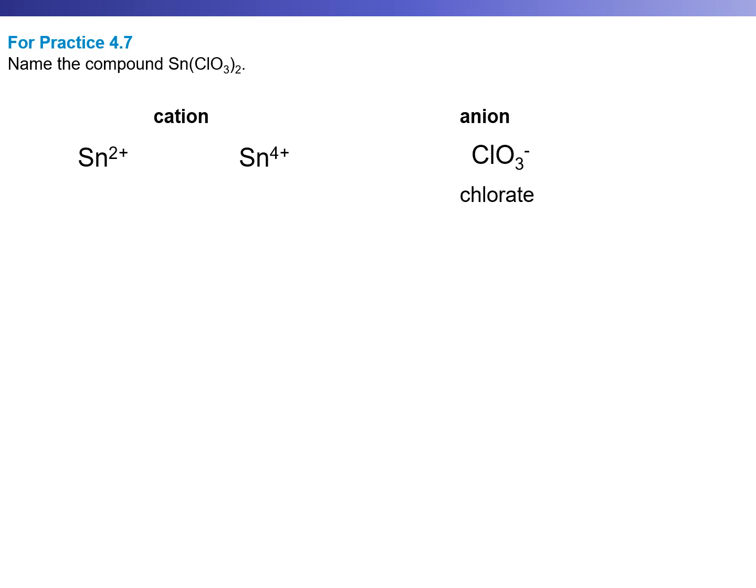So we're going to back engineer this, and we're going to start by calculating the charges that our chlorate is bringing to the table. Each chlorate polyatomic ion is going to bring to the table a -1. And if we look up here in our formula, we can see that in this subscript coming after this entire formula for chlorate, we've got a 2.